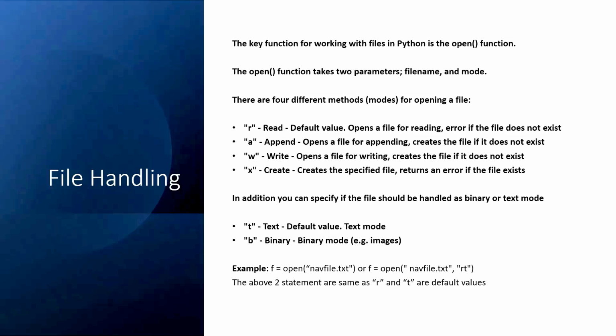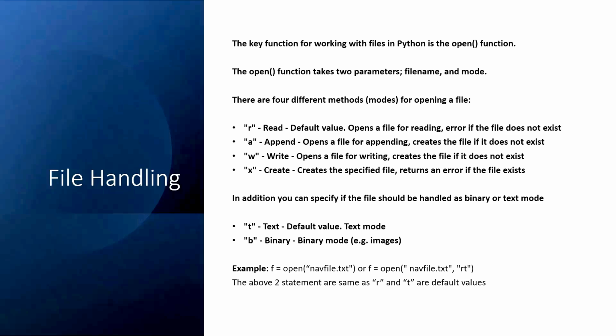Now, apart from these four modes, there are two additional modes: the file you are working on can be a text file or it can be a binary file. The default value is a text file, but if you're dealing with images and all that, you can specify B as binary.